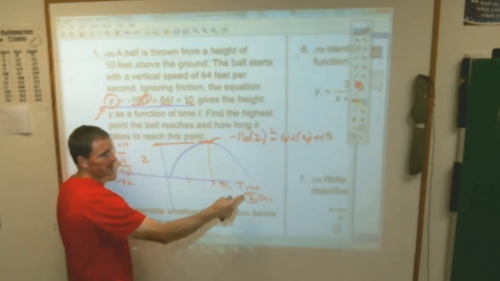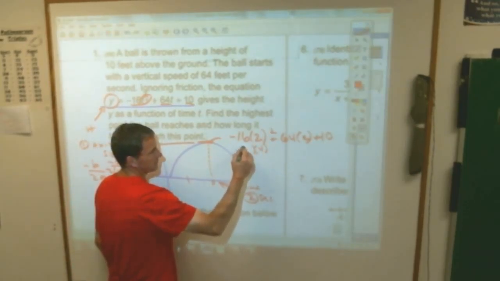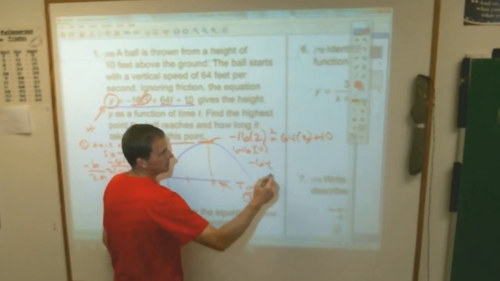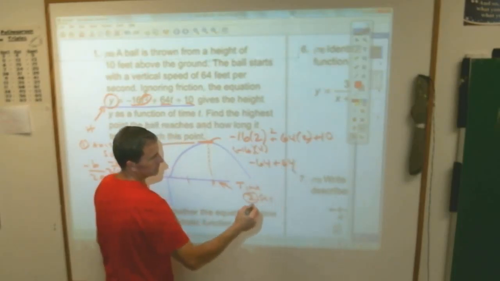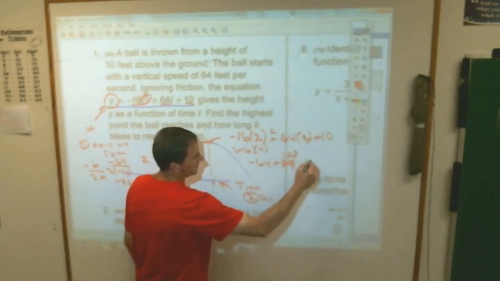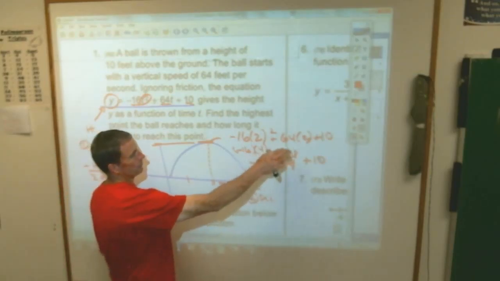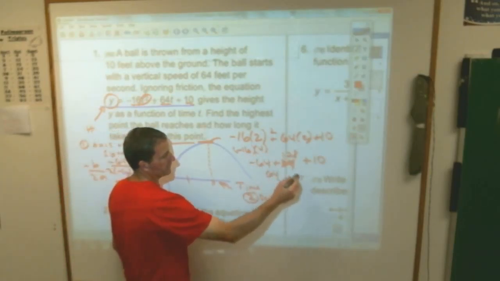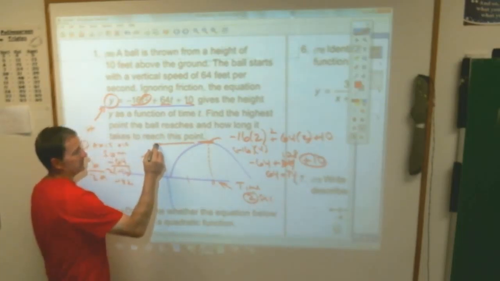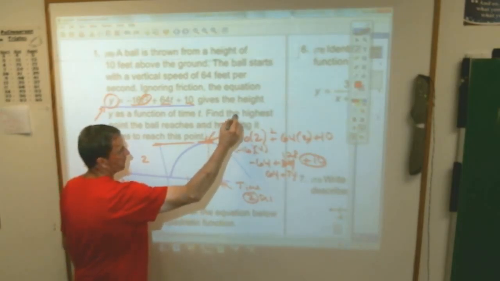You just plug in that 2. 2 times 2 is 4. 4 times negative 16 is negative 64. Plus 64 times 2, which is 128, plus 10. Negative 64 plus 128 is a positive 64. 64 plus 10 is 74. At 2 seconds, this ball achieves a height of 74 feet.